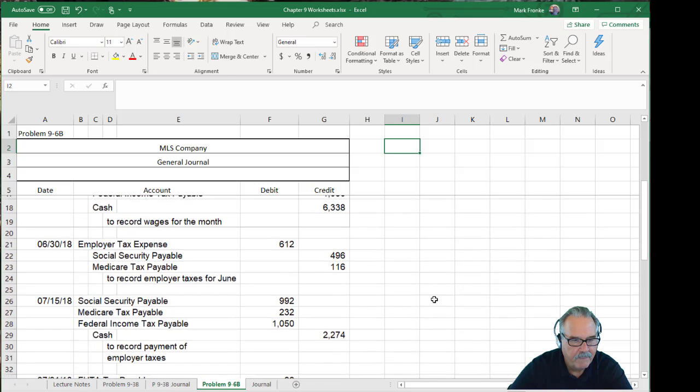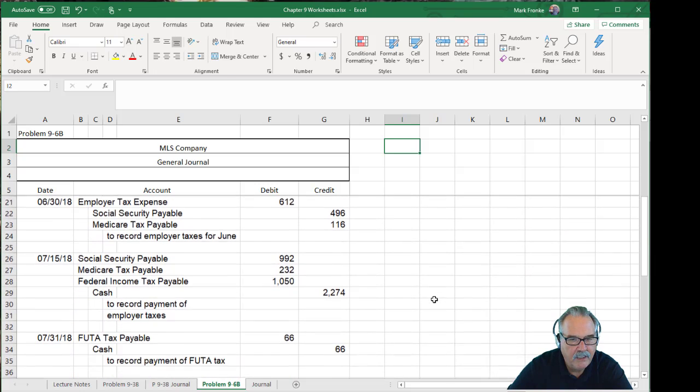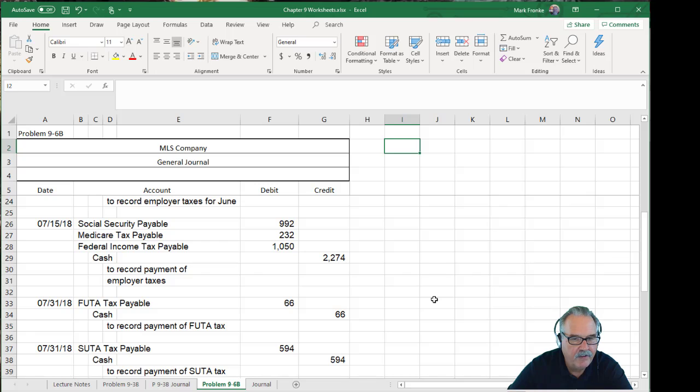Then on the 15th of the month of next month, we're paying off those liabilities we just accrued. We're going to pay off the Social Security, the Medicare, and the federal tax, and we're depositing this money to the federal government through our bank, or writing them a check or transferring it electronically of $2,274.